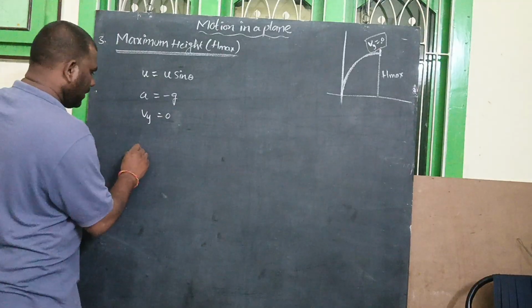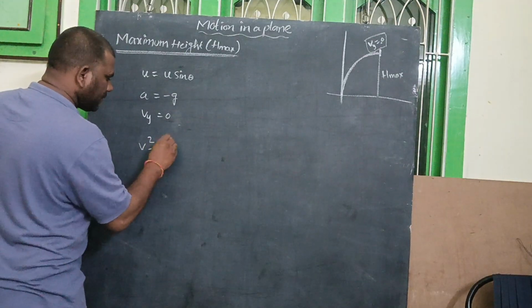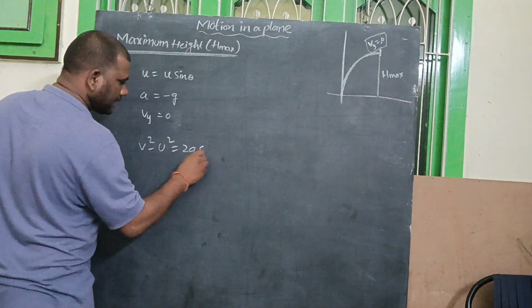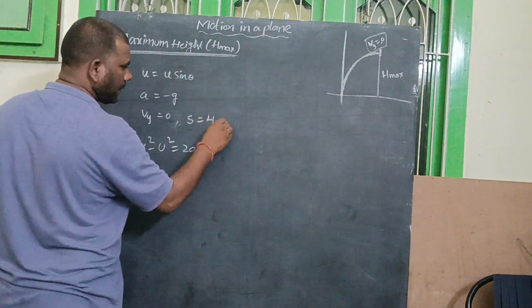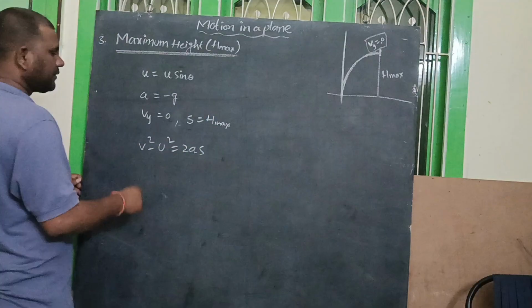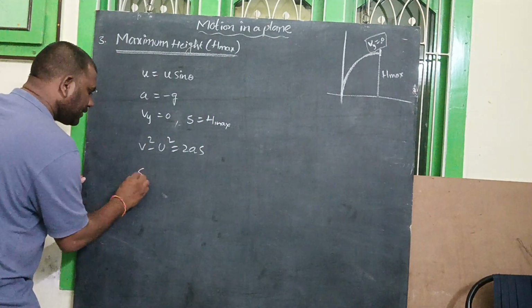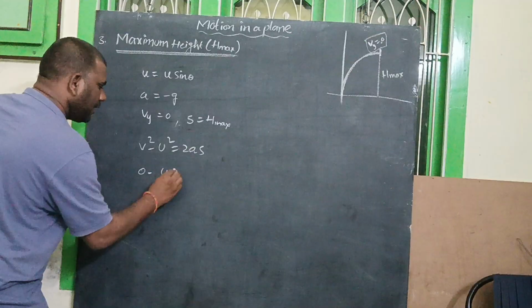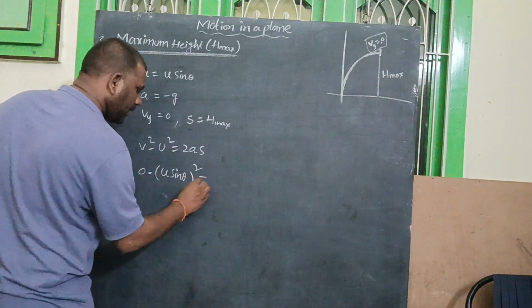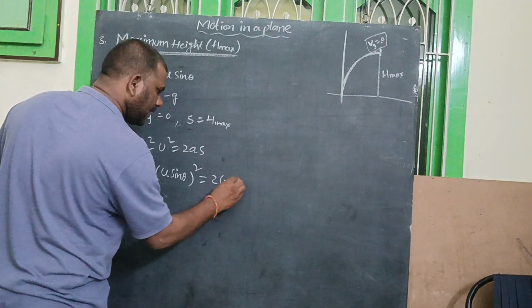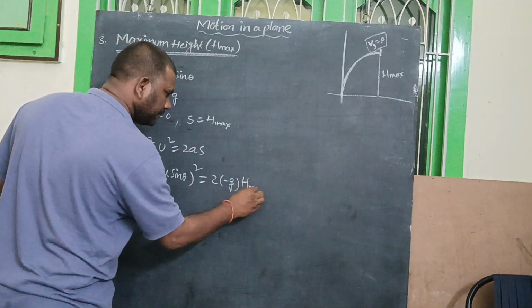So here we can use the formula v square minus u square is equal to 2as, and here s is equal to H maximum. Substituting: final velocity 0, initial velocity u sin theta whole square, equal to 2 into minus g into H maximum.